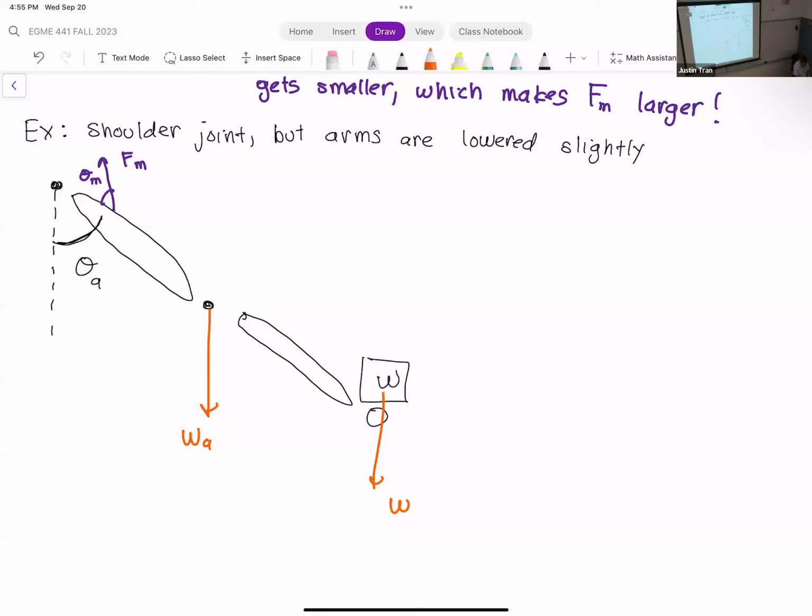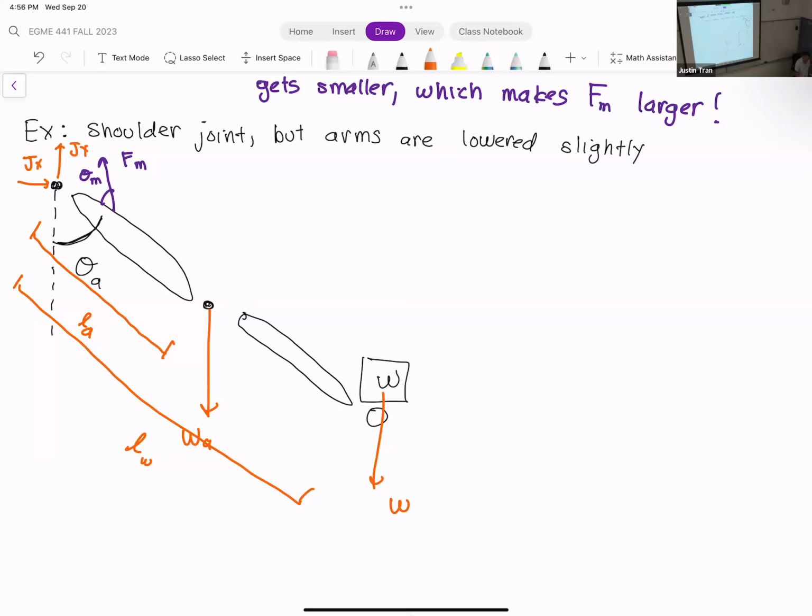And just like in the last problem, we're going to have all these lengths. This length right here is LA. The length over there is going to be L. Lastly, we need the joint reaction forces, and just for simplicity, let me draw them in X and Y directions.